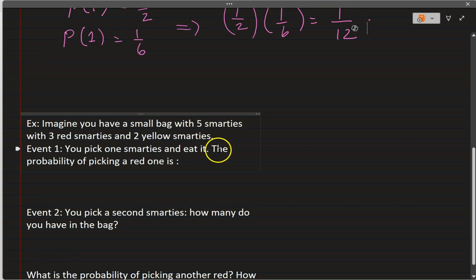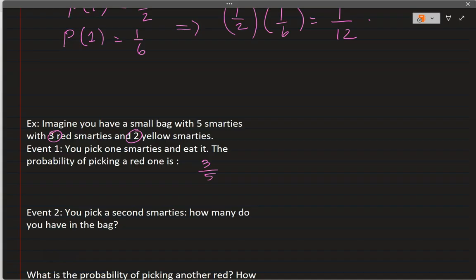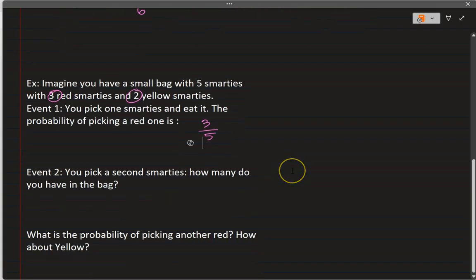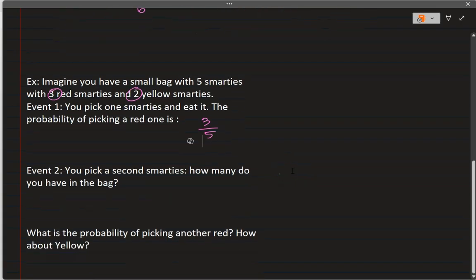Let's suppose the probability of picking a red one is what? Well, the total is 5. We have 3 and 2, which is 5, so it would be 3 out of 5. That's the probability of picking a red Smartie on the first try. Now the second event: you pick it, you eat it.